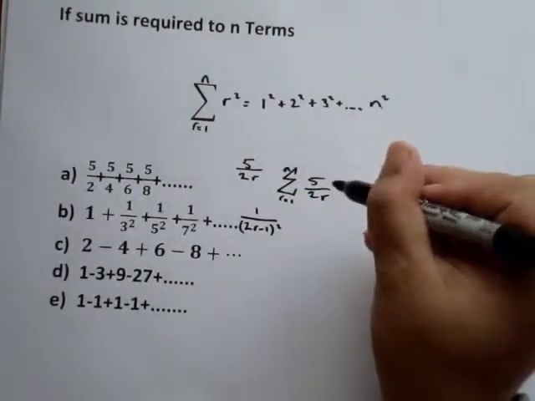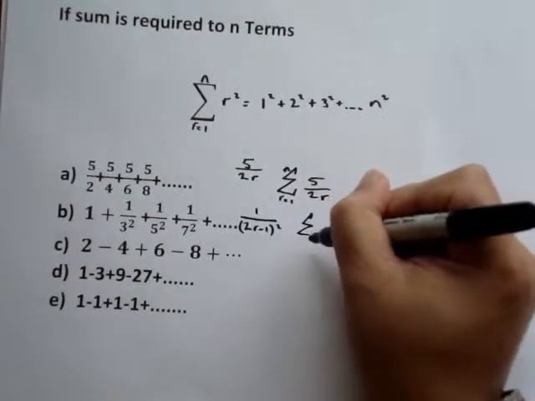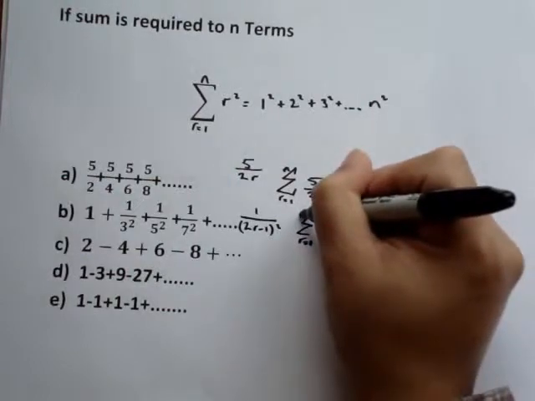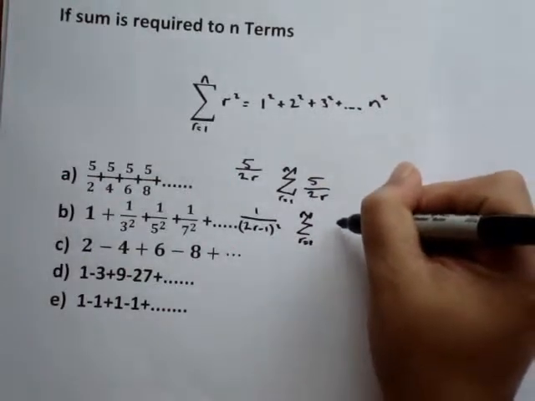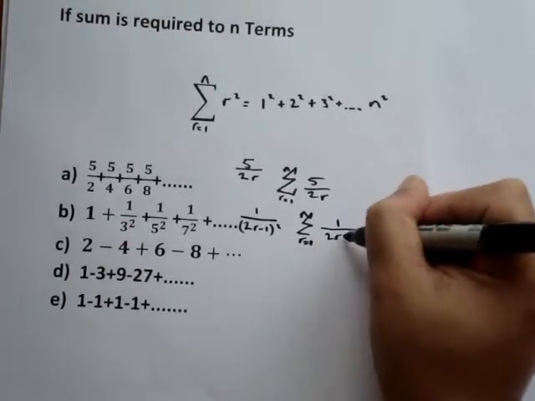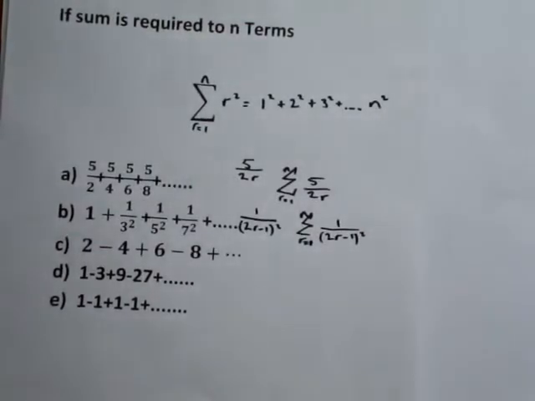So this then becomes the sum from r equals 1 to n of 1 over 2r minus 1 squared. Okay, and that pattern continues.